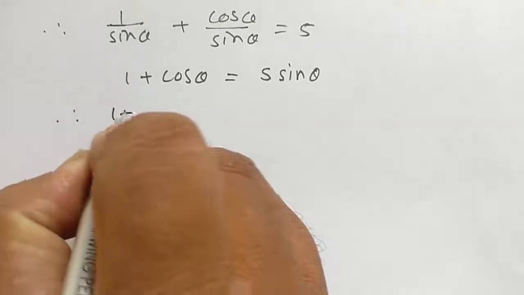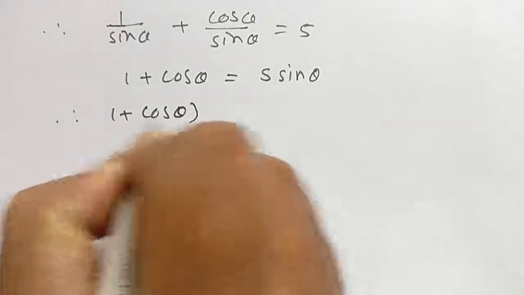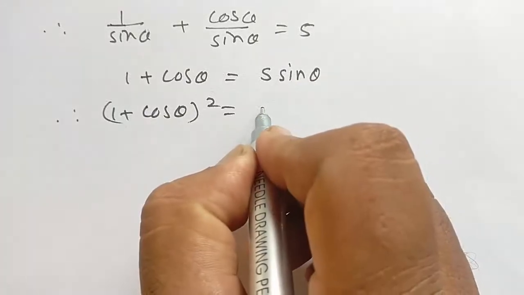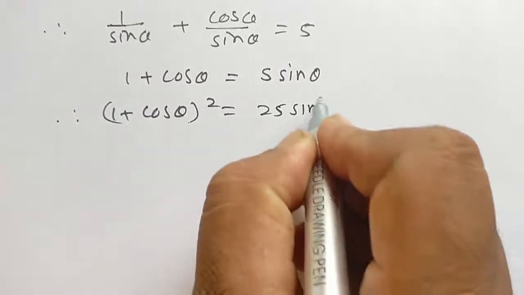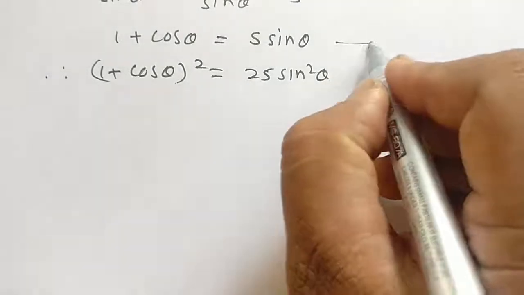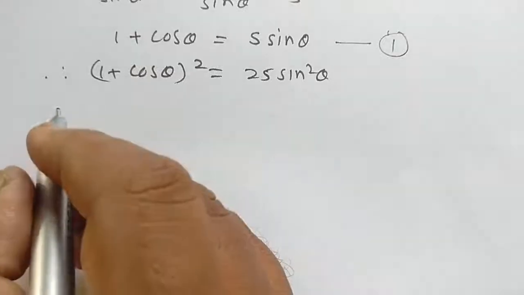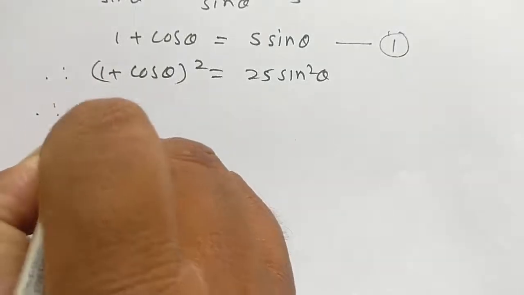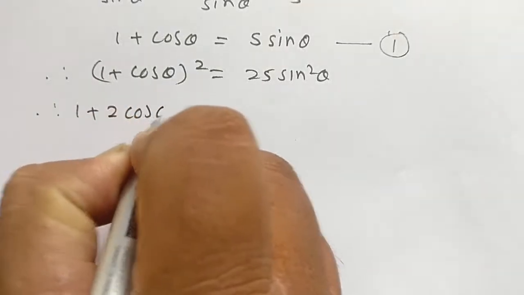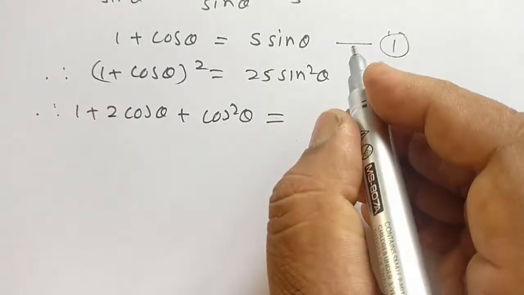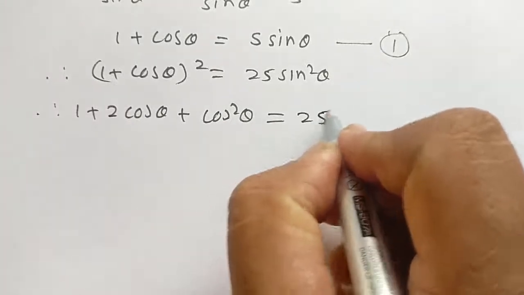Therefore, squaring, (1 plus cos theta) whole square is equal to 25 sin square theta. We call this equation number 1. Therefore, the square of 1 plus cos theta, 1 plus 2 cos theta plus cos square theta, is equal to 25.